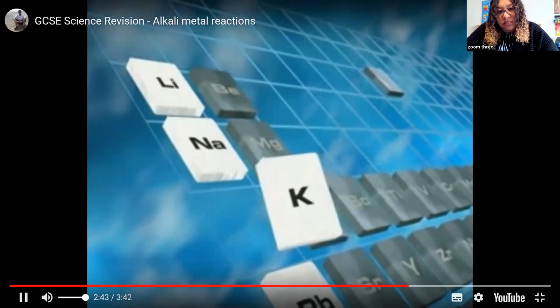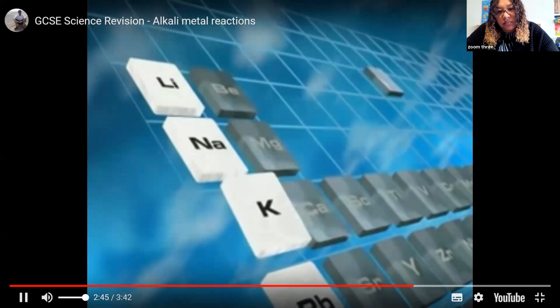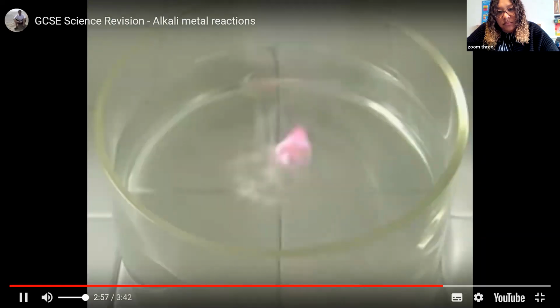So how would you expect potassium to behave? Potassium is definitely more reactive than sodium and lithium. It reacts immediately, and the hydrogen produced ignites on its own.